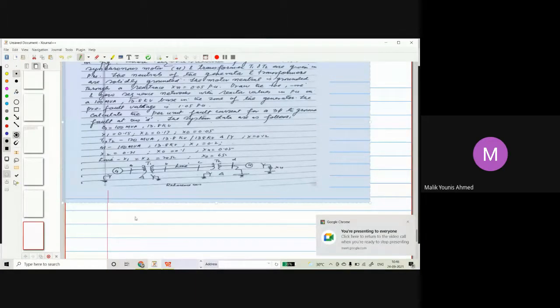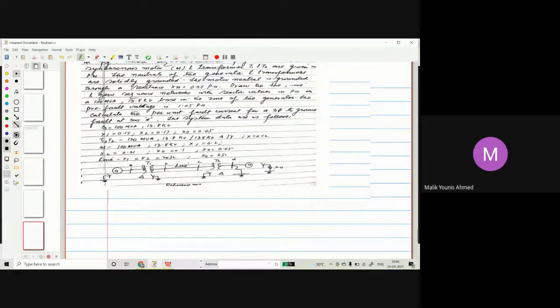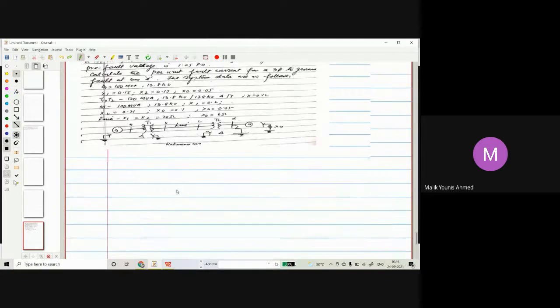So in the positive sequence, we have the generator. The generator will be represented by a voltage source.